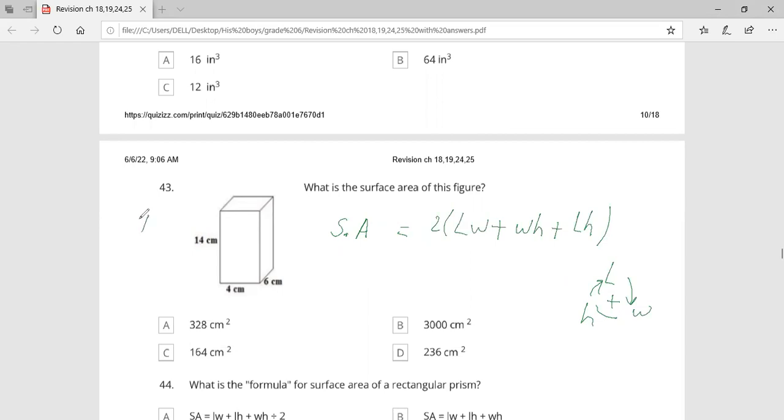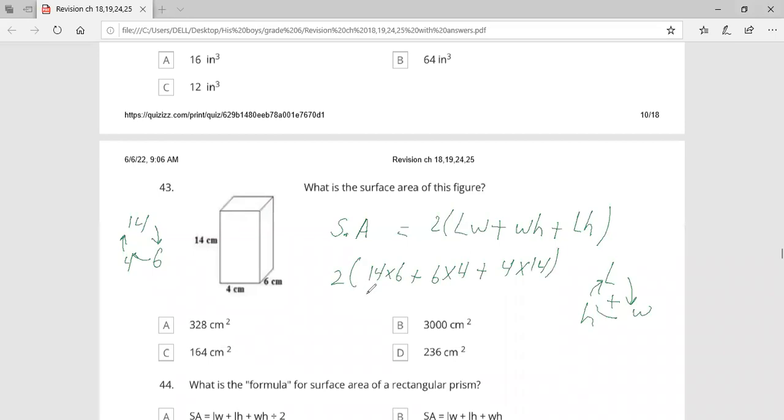Here is 14, 6, and 4. Just multiply them. 2 times, 14 multiplied by 6, plus 6 multiplied by 4, plus 4 multiplied by 14.